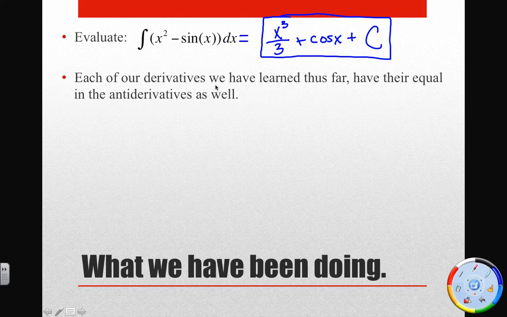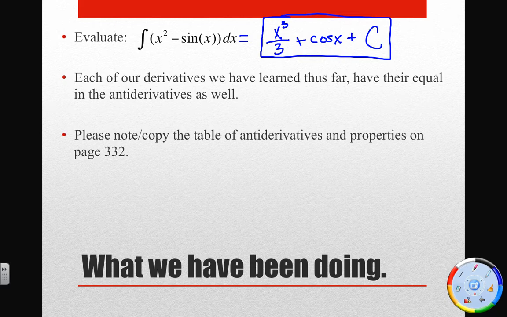So things like that. All of our trig derivatives, all of our inverse trig derivatives, all of our exponentials, logarithmic, all that sort of extra stuff is on page 332. I want you to make a note of this, copy it down. I may or may not give you a cheat sheet for all of these. We'll see about that. But page 332 gives you a list of a couple properties, and we used one of them.